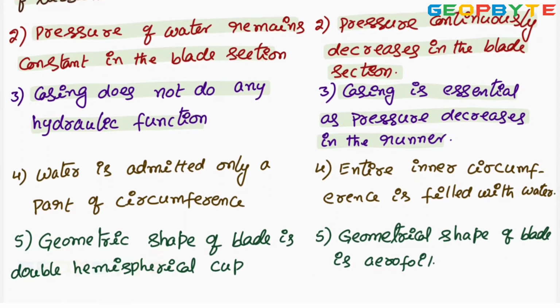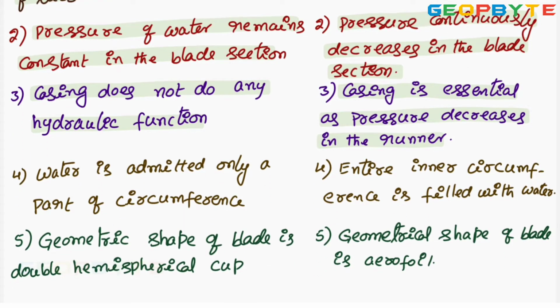Now come to the next point. In the case of impulse turbines, the water is admitted to only a part of the circumference. Wherever we arrange the nozzles, practically around 3 or 4 nozzles around the circumference of the casing, there only water enters the turbine.